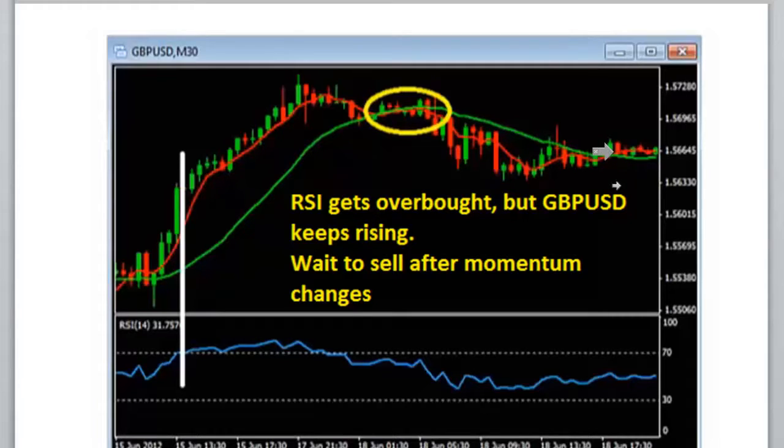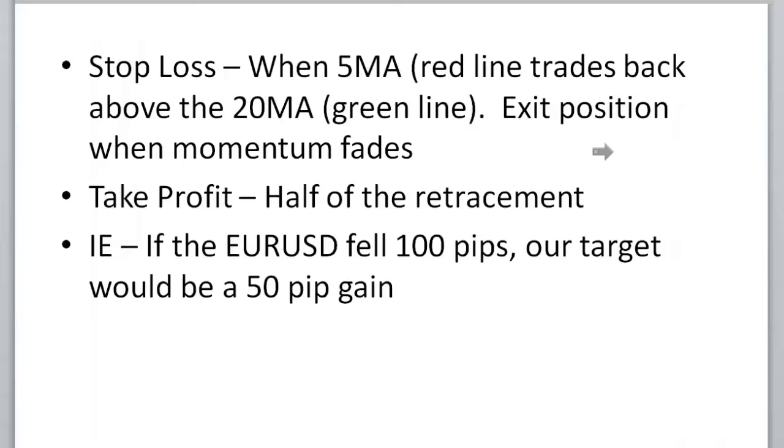That's when I would be getting out of the position, because the short-term momentum that we had has gone away, and now we want to be out of the position. So our stop loss will be when our 5 period moving average trades back above or below, depending on the trade, the green line of our 20 period moving average. That means that our momentum has gone away.